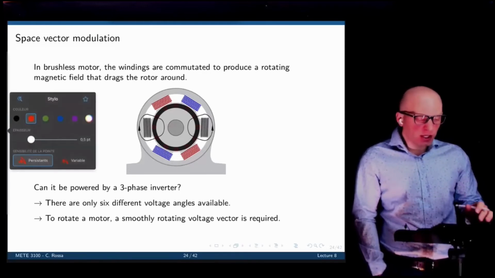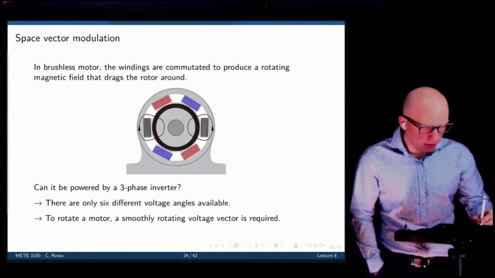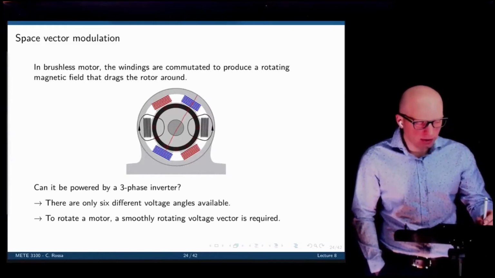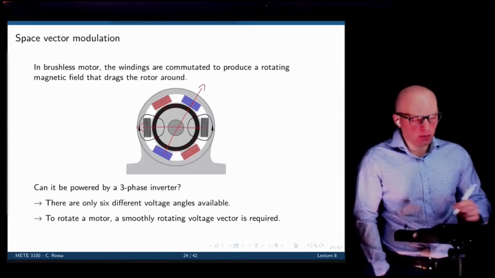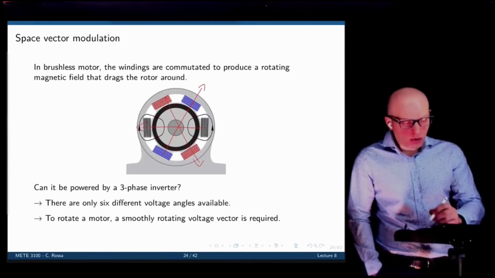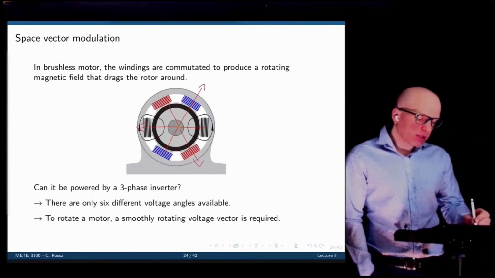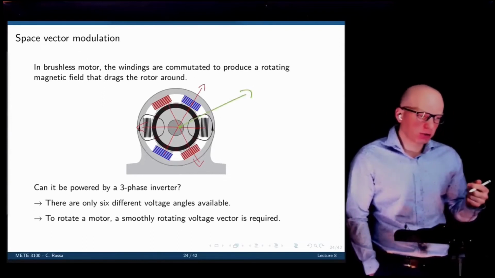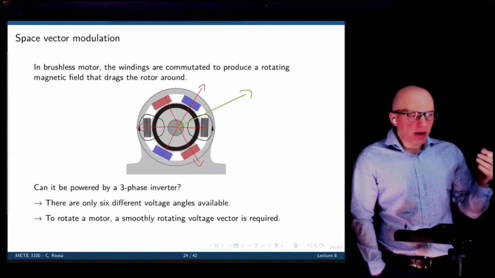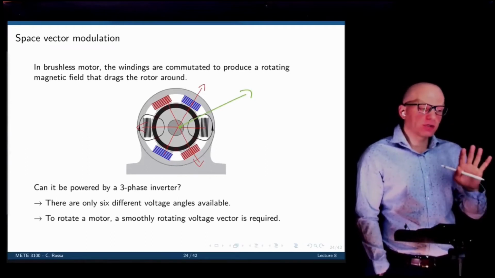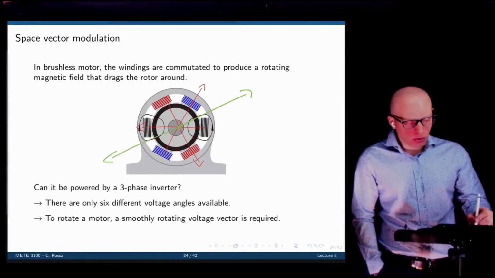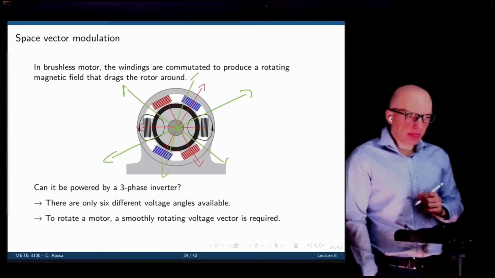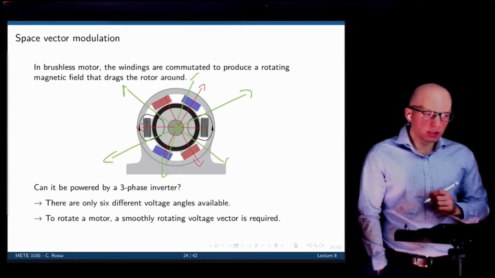And let's assume that when you apply a voltage to this coil, it creates a magnetic field in this way. When you apply a voltage to this coil, it creates a magnetic field in that way, and so on. When we add this all up, there will be a resulting magnetic field pointing in a given direction. Based on the fact that you can only have 6 possible combinations of voltages, this vector will also only have 6 possible orientations.